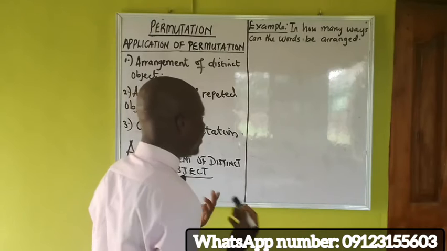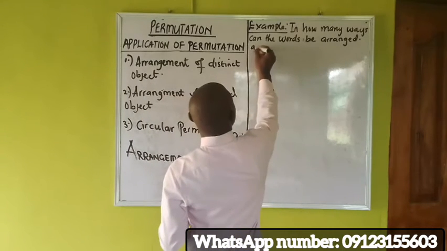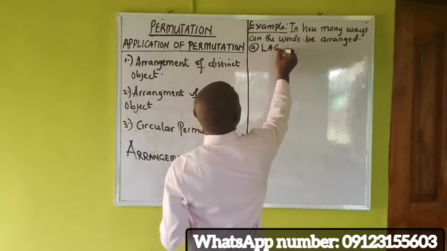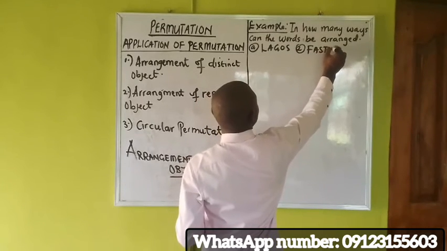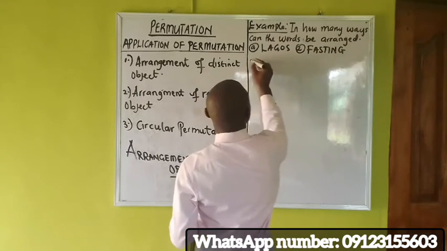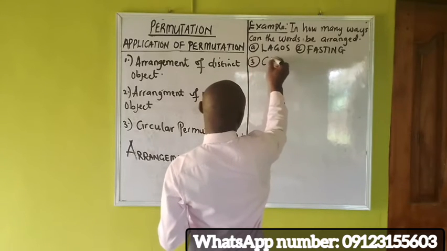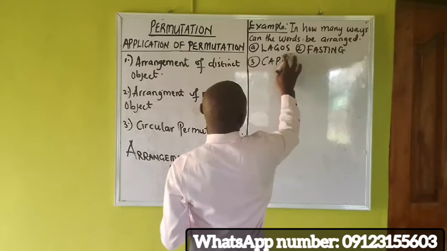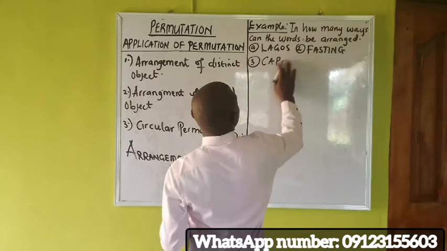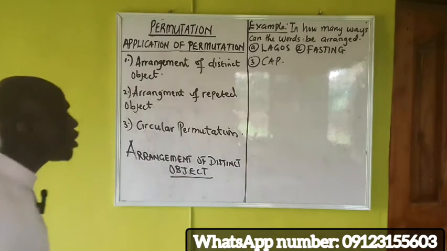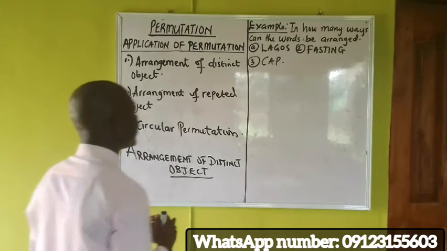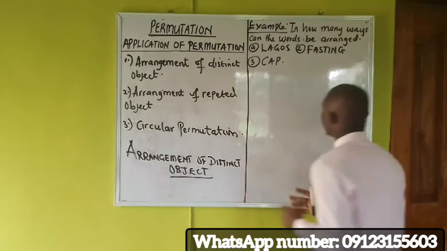A. Let's say I have Lagos. 2. Let's say I have fasting. And 3. Let's say I have cap. Now the question says, in how many ways can the word be arranged? A. Lagos, fasting, and cap.